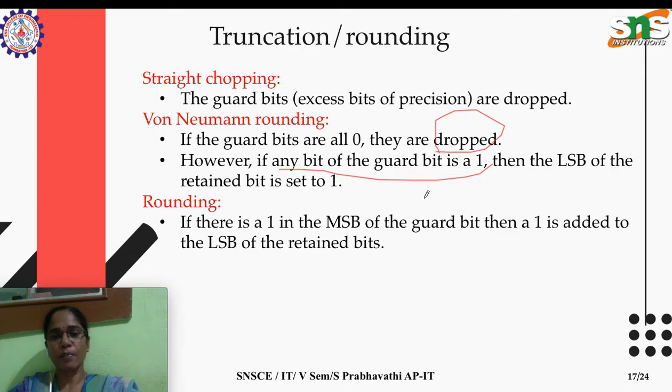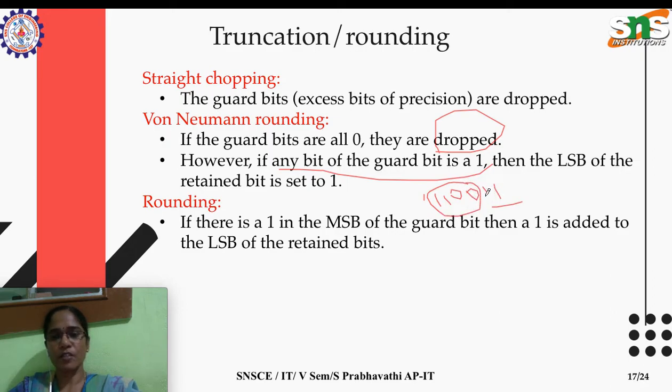So for example, if my register allows me to store only 4 values, this is the 4 values I need to store, but after the operation I get something like this. These 2 are the guard bits, and in the result I need to store only the 4 bits.